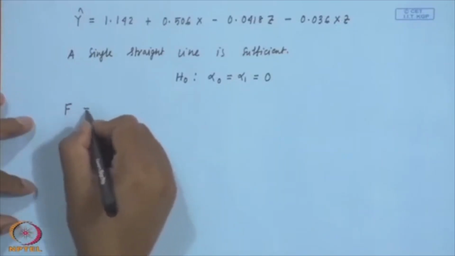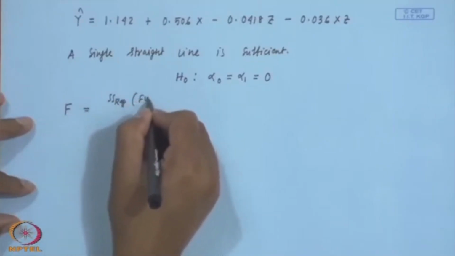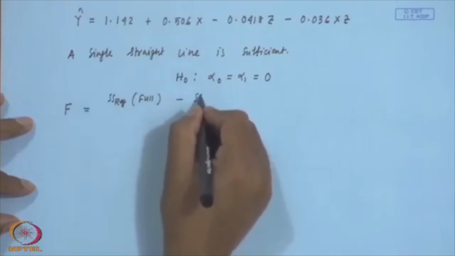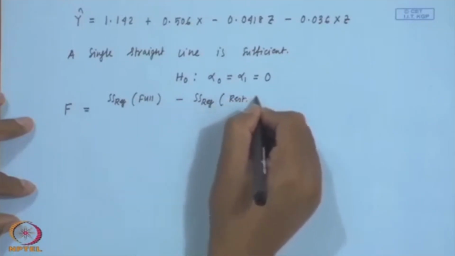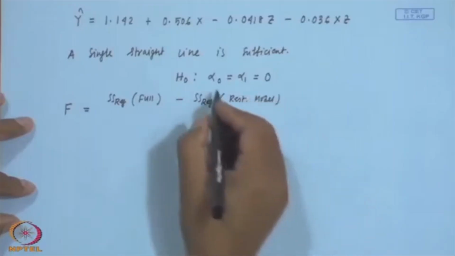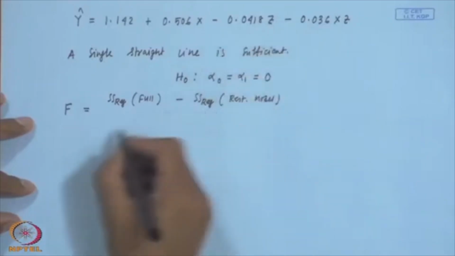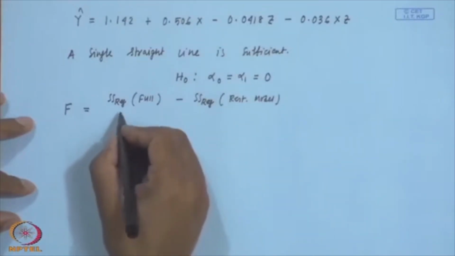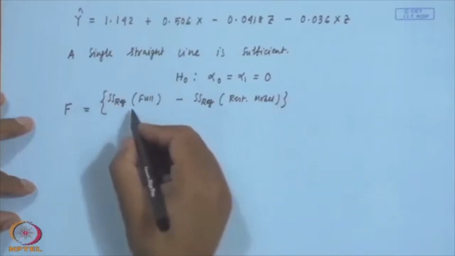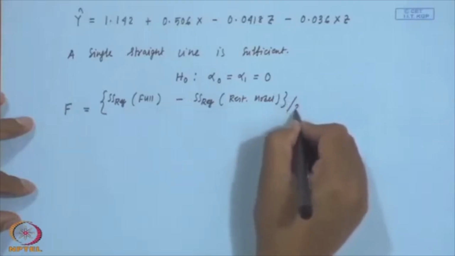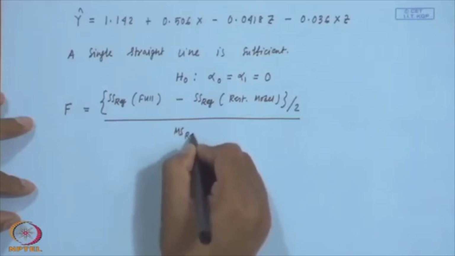So, the F statistic is SS regression for the full model, minus SS regression for the restricted model, right. So, the restricted model does not involve these two terms. Okay. And this divided by degrees of freedom 2, divided by MS residual.